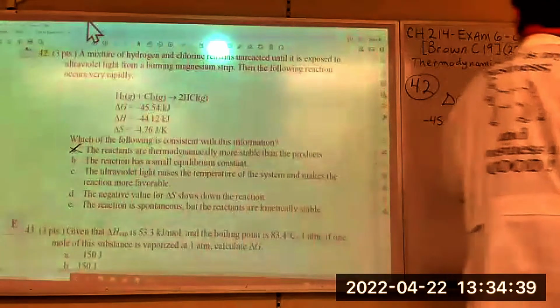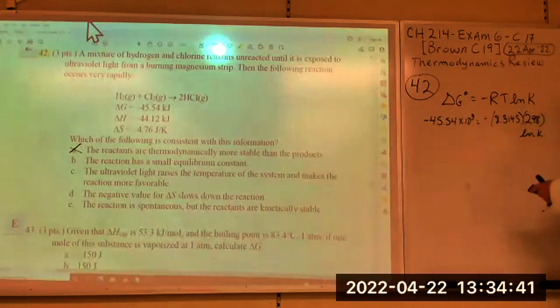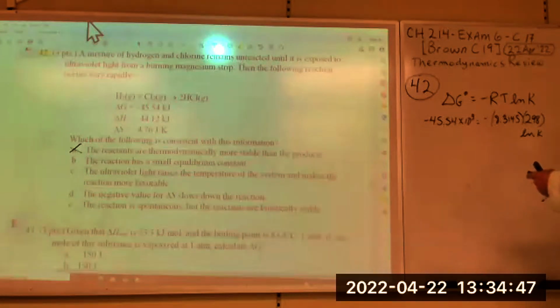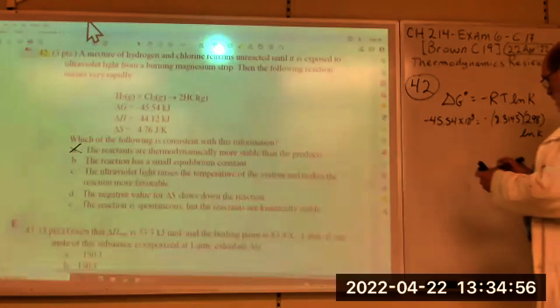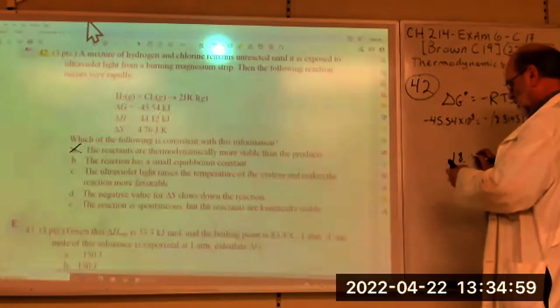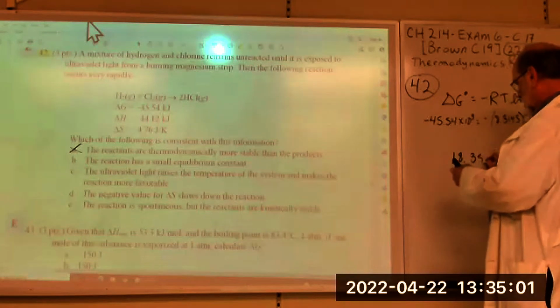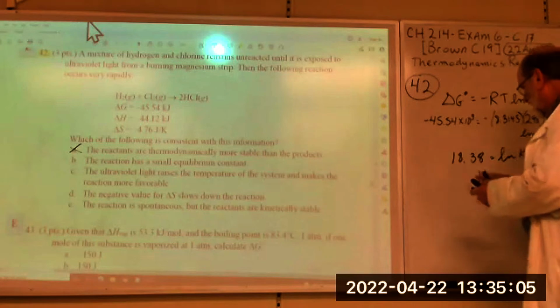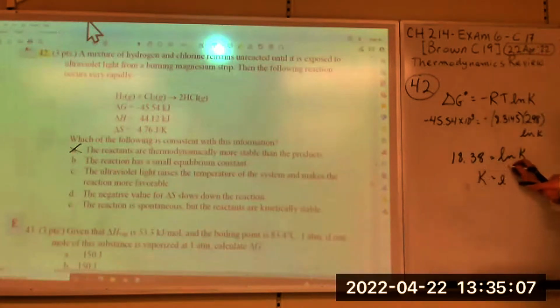So if we actually calculate that, 45.54, change that sign, exponent 3, and then 8.3145, and then 298 divided into that is 18.38 equals the log of K. So K is now equal to e to that power.